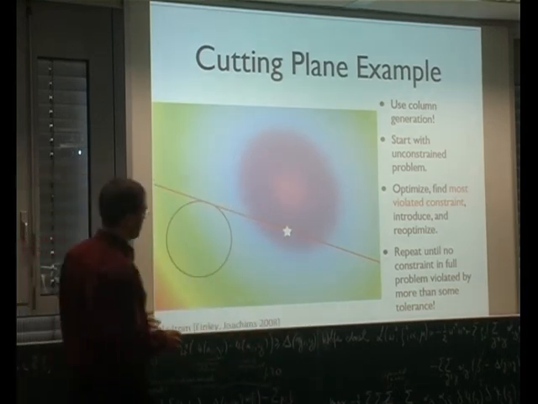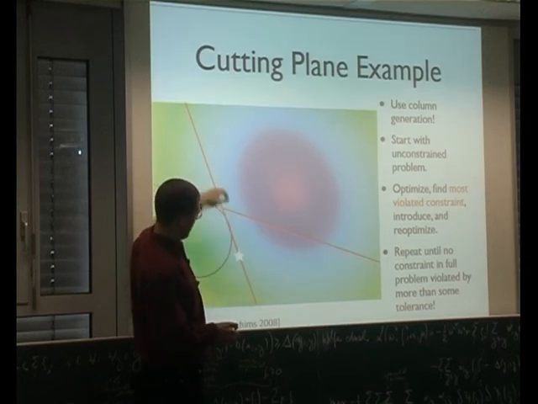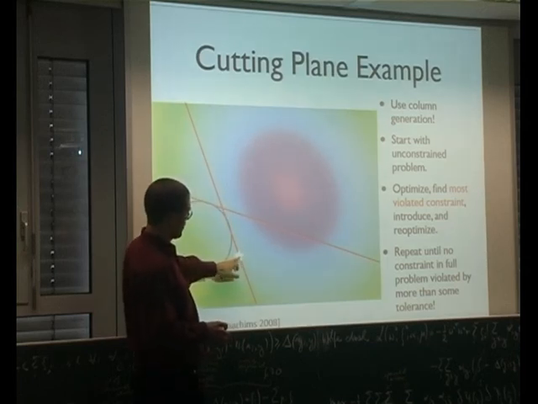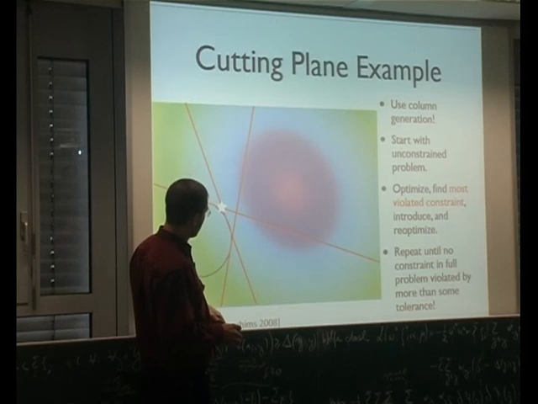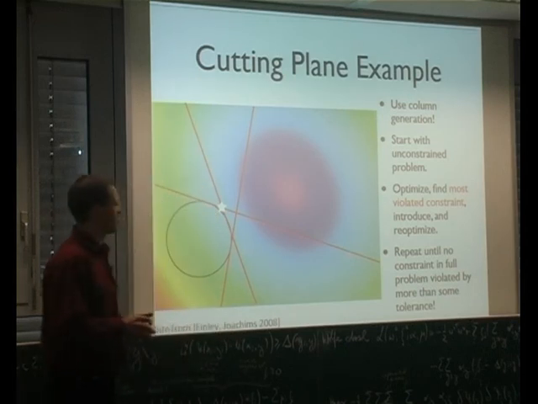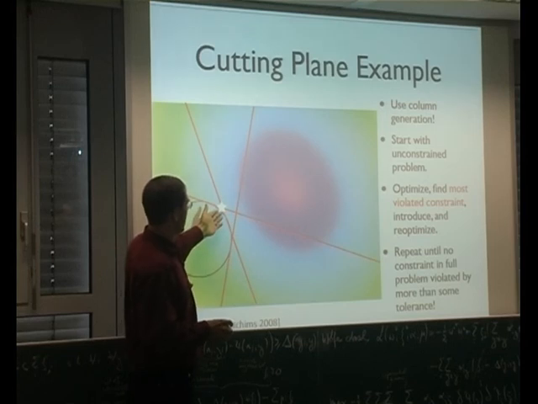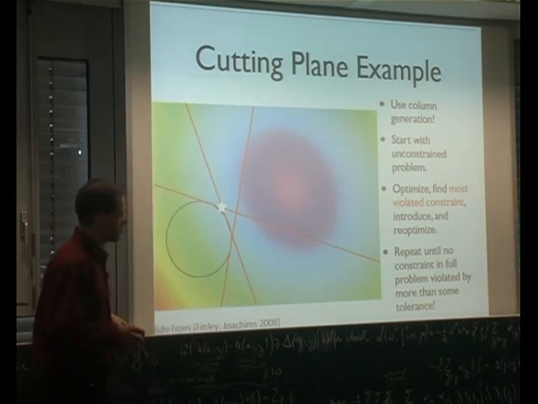And because this is still outside the feasible region, we introduce another constraint, and given this constraint, find the best possible solution, which is currently here, and then keep iterating until we have converged, so until we find no more constraints that will help us improve the solution to our problem.